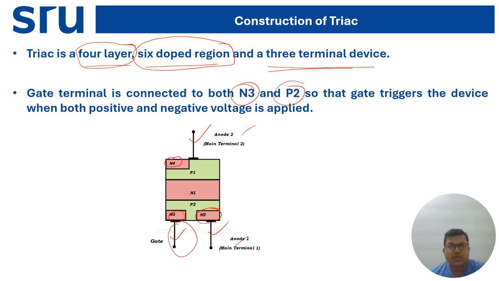Why is the gate connected to both? Because it enables the gate to trigger the device when both positive and negative voltage is applied. That is why it is connected to both types of doped regions.